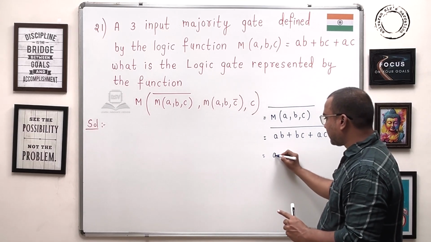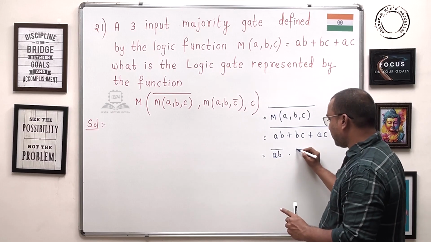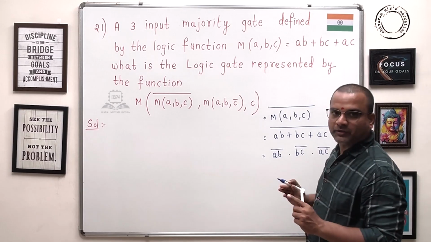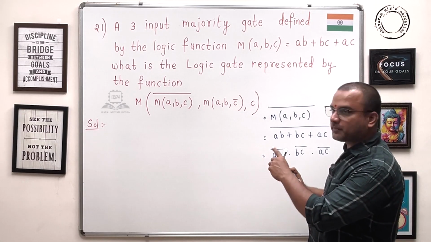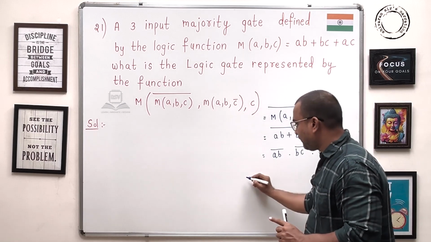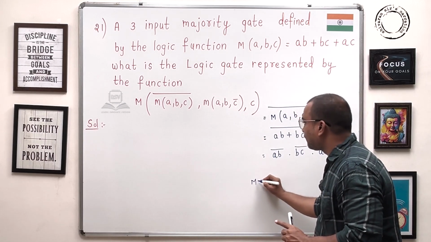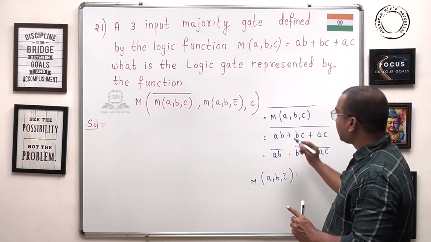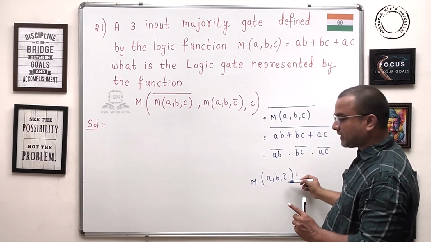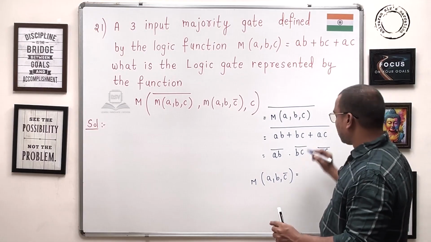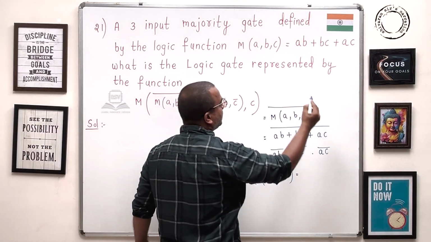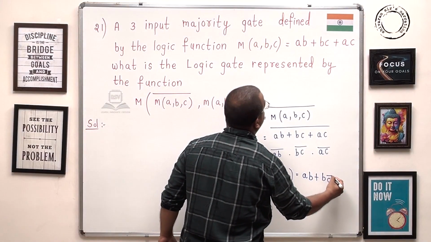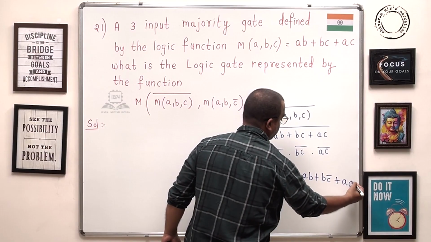Then guys, you can rewrite it as AB whole bar into BC whole bar into AC whole bar. Okay? So this is m of a comma b comma c whole bar. Similarly, we have m of a comma b comma c bar. For this, guys, in place of c we got c bar. Hence, here also we can put c bar in place of c, that is AB plus BC bar plus AC bar.